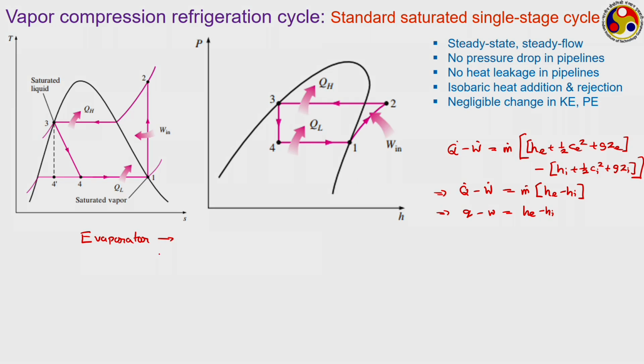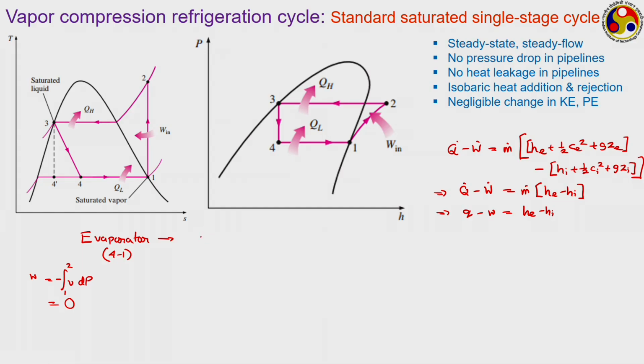For the evaporator, where we are talking about the process 4-to-1, here it is isobaric and there is a heat transfer going on, but as the pressure is not changing during the process, and this being a steady flow process, I hope you remember that for a steady flow process, small w can be written as integral minus V dP from state 1 to state 2, and as there is no pressure change, this is equal to 0 in this particular situation.